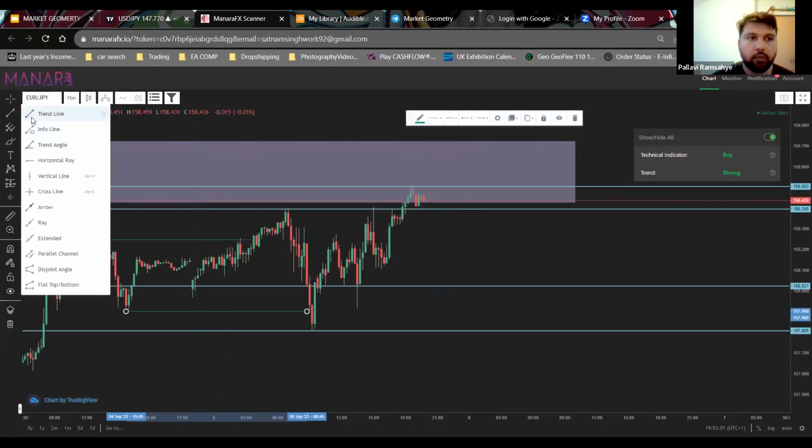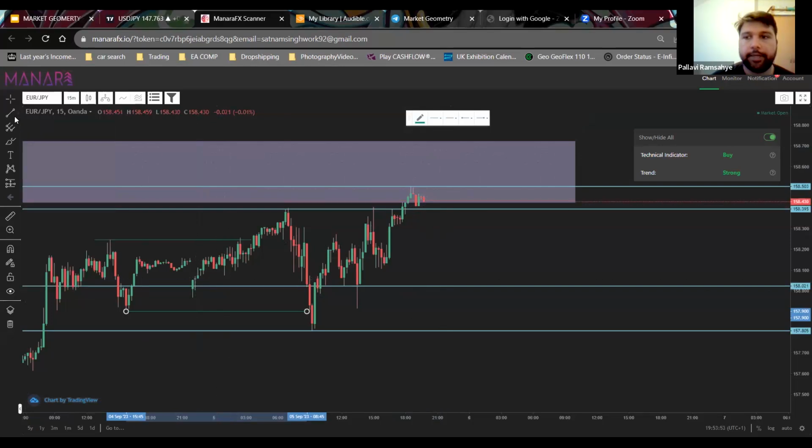So what everybody can do, if we of course all have Monara, if you have access to it on your phone or laptop, is draw up this zone, and you can watch this zone and see what happens to price action in this zone.